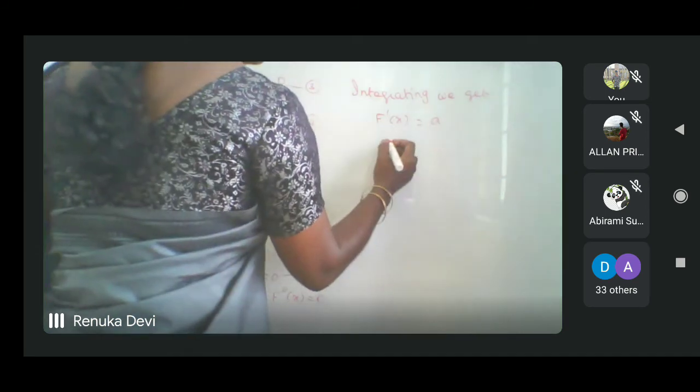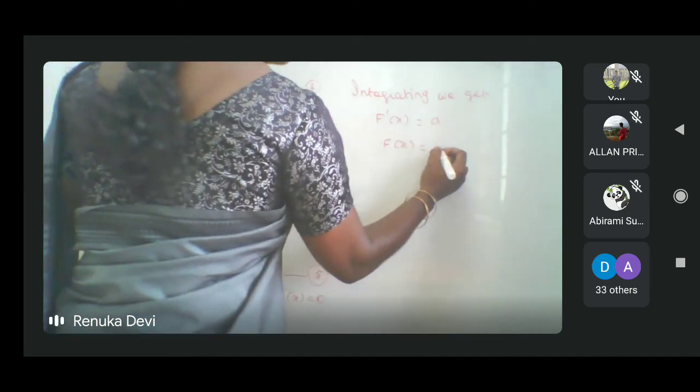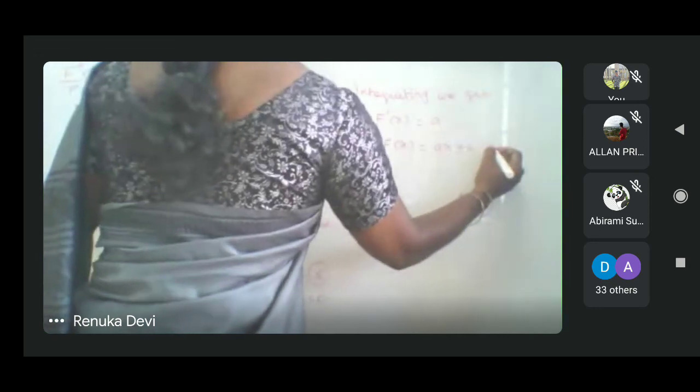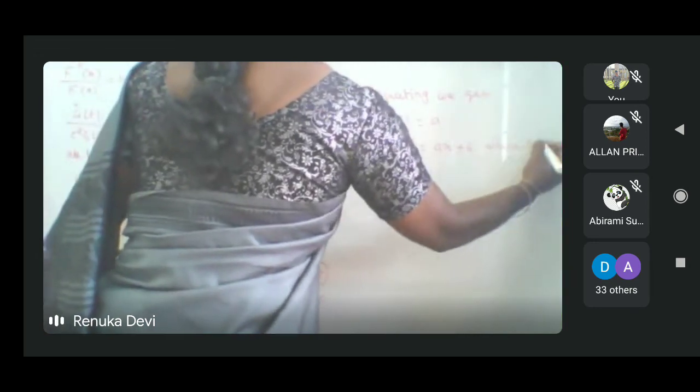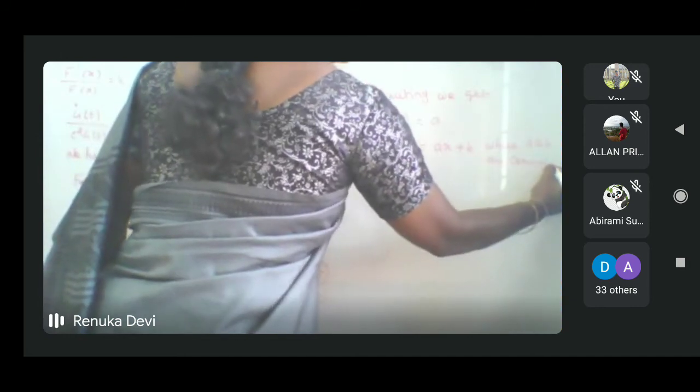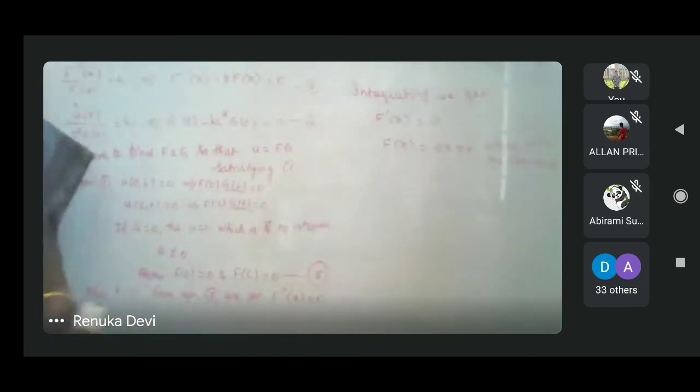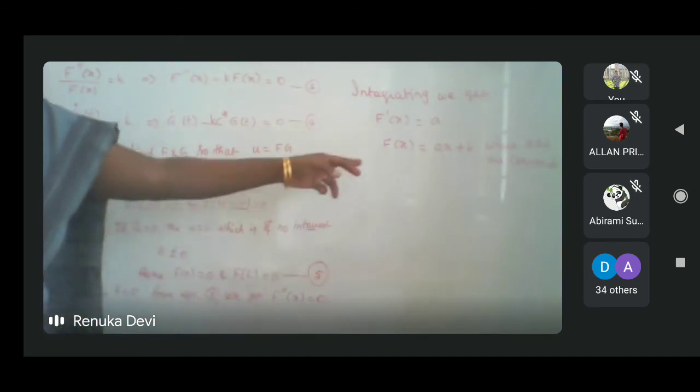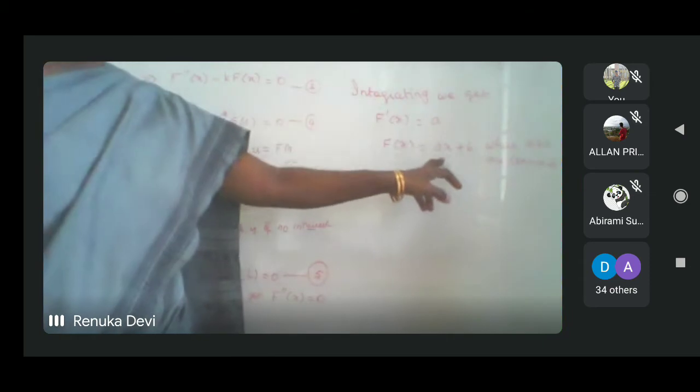Again integrating, f of x equal to ax plus b, where a and b are constants. That is integrating constants. So we found f of x in terms of a and b.